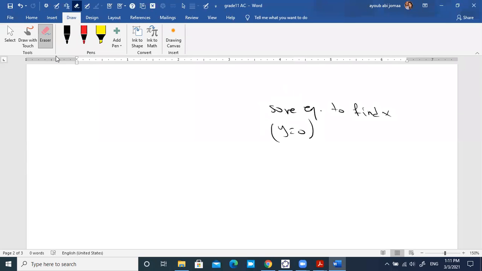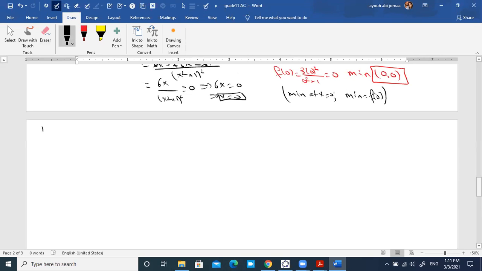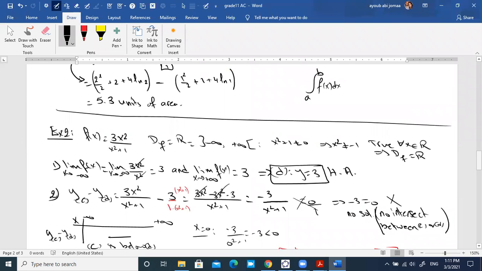Okay. Now, the next part, part 4, the concavity. When do you find the limit as x approaches 0 minus and 0 plus? When they are given as the domain boundary. In case you have 0 as a boundary in the domain, you find the limit as x approaches 0 minus and 0 plus.